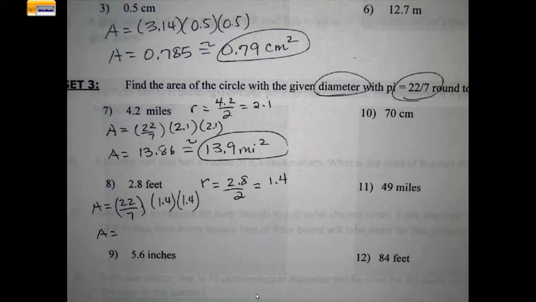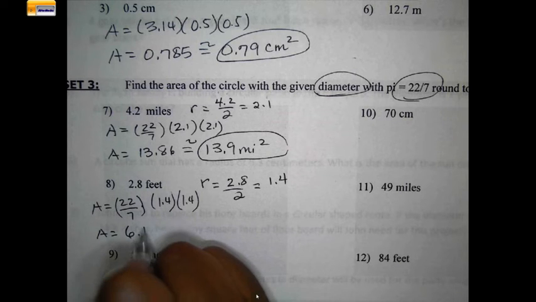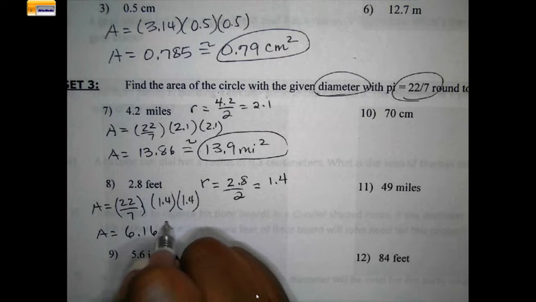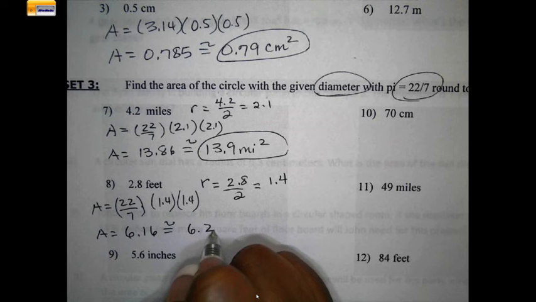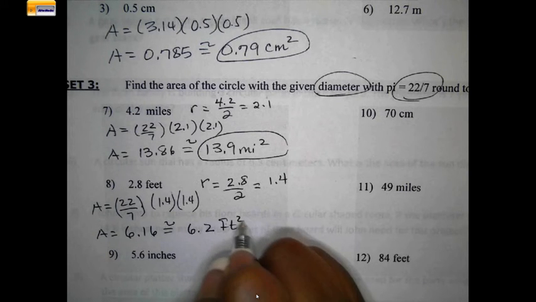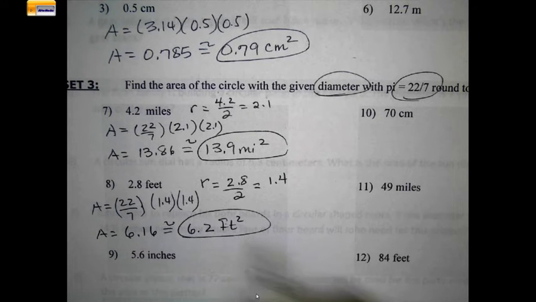I get 6.16, and then if I round it to the 10th, I'm going to get 6.2 feet squared. So don't forget, when you have a diameter, you need to divide it by 2 to get your radius, and then you take that number squared and multiply it by the pi.